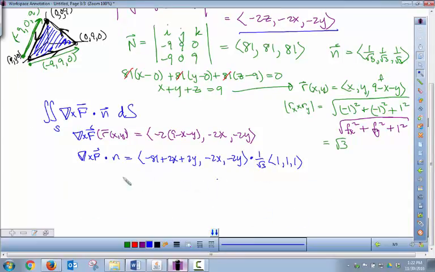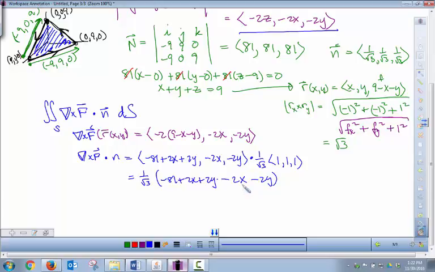So if I combine all this, I'm going to get a 1 over root 3, and then I have minus 81 plus 2x plus 2y minus 2x minus 2y.